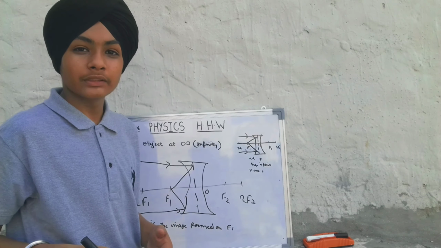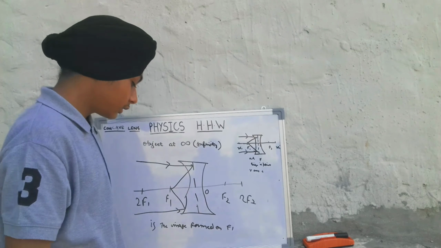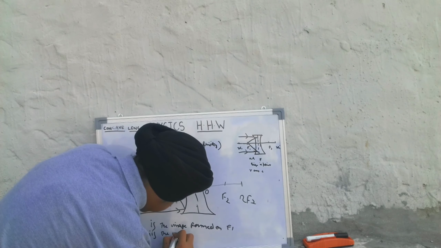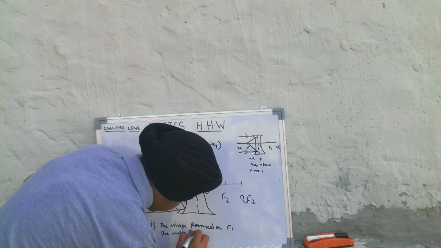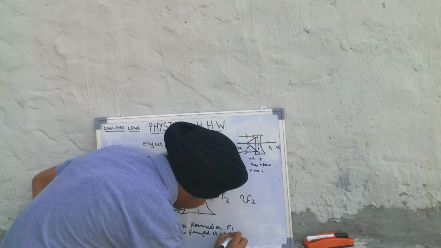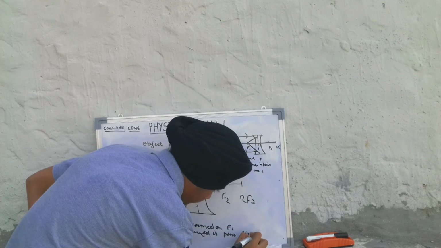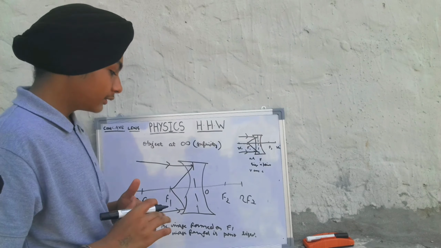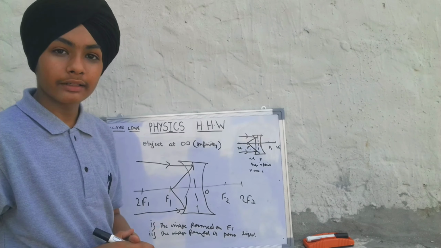The size of this image is point size, or diminished. And the last point is that this image is virtual and erect.